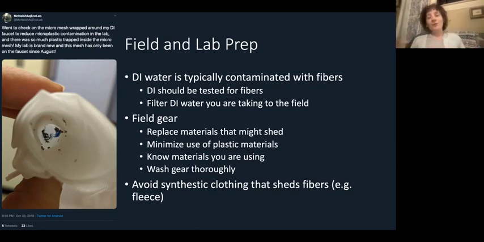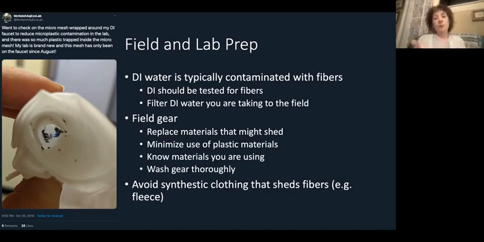And even though the lab was tiled and didn't have a carpet, because they were vacuuming the carpets in offices in the same building, those fibers from the carpets got caught up in the HVAC system and ended up in our background controls, in our blanks. And so just things like that you wouldn't normally think of can interfere with your sampling. And so always accounting for that background is really important.